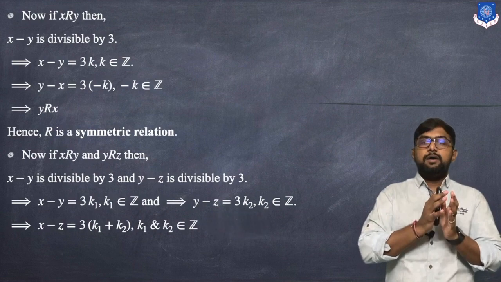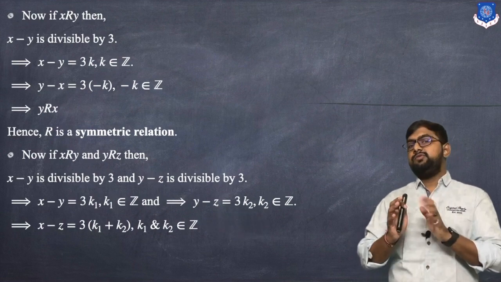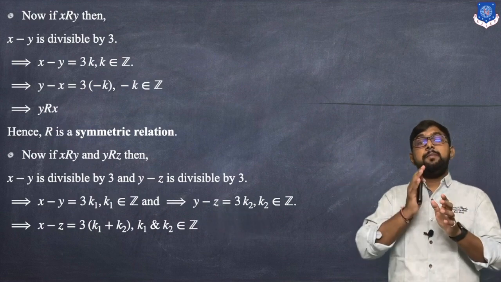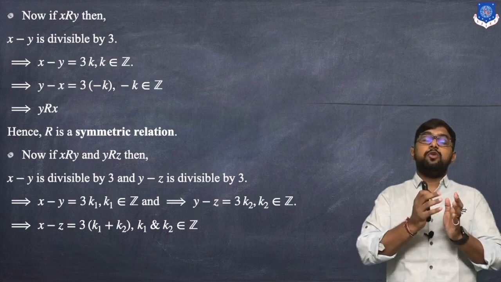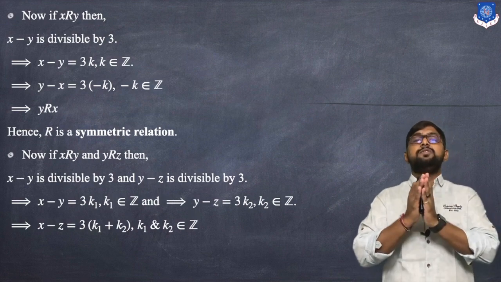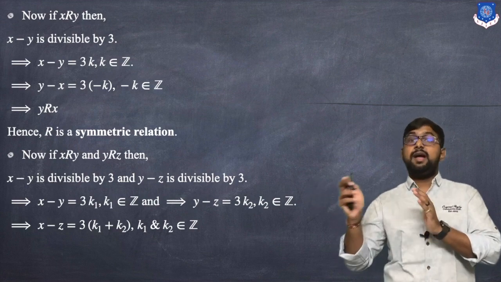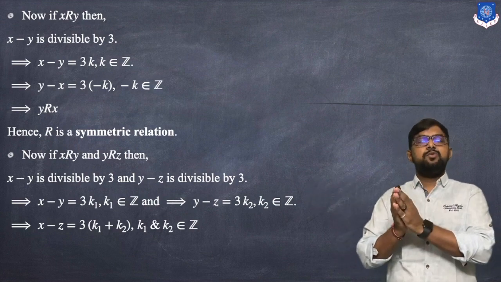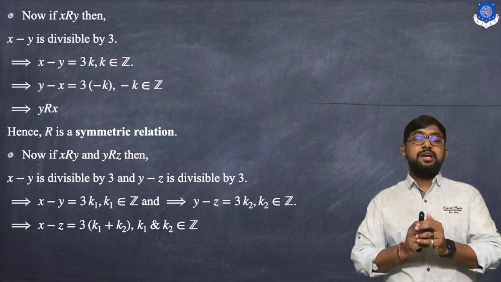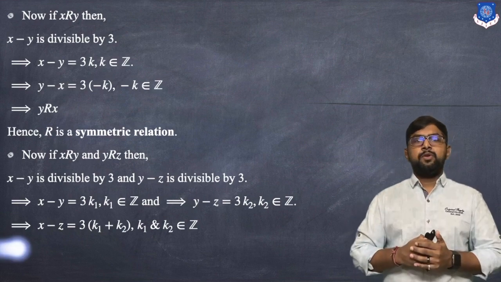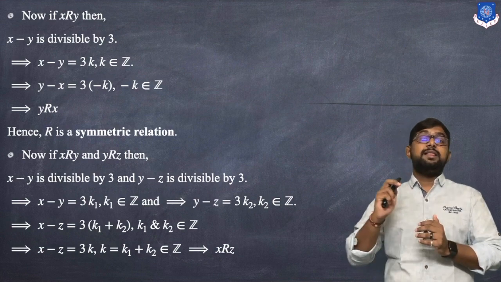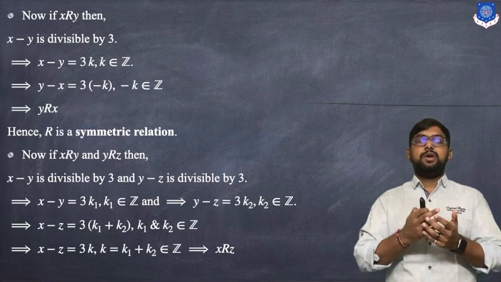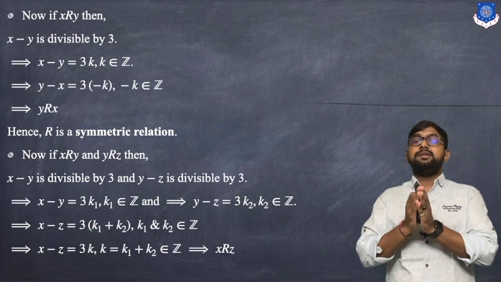Now if we add both of these, what we'll get: x minus y plus y minus z. So y and minus y, that is 0. So what is left? x minus z equals 3 times, on the right hand side we are adding, so k1 plus k2. Now just take k1 plus k2 as some other k. Okay, so x minus z equals 3 times k, where k is k1 plus k2, and that will also belong to Z. So hence we can say that x minus z is a multiple of 3.